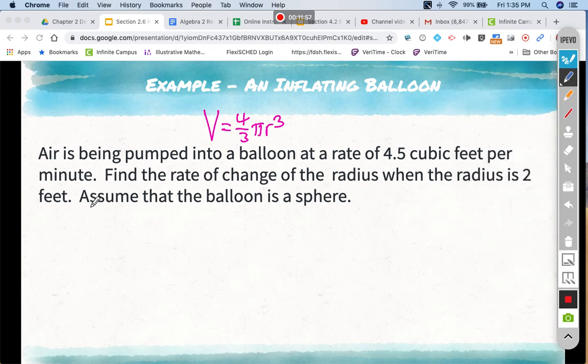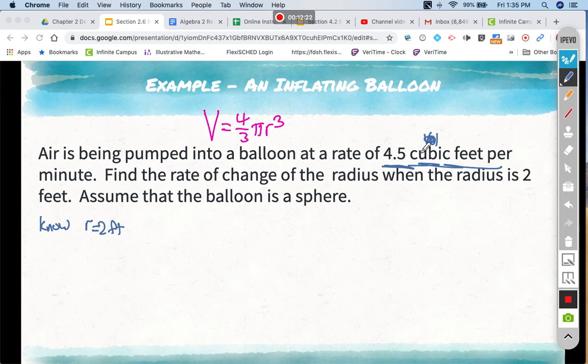So let's take a look at this. What we know: the radius equals 2 feet. We know air is being pumped into the balloon at cubic feet per minute. This is a volume, and this is per minute, so this is a rate of change.